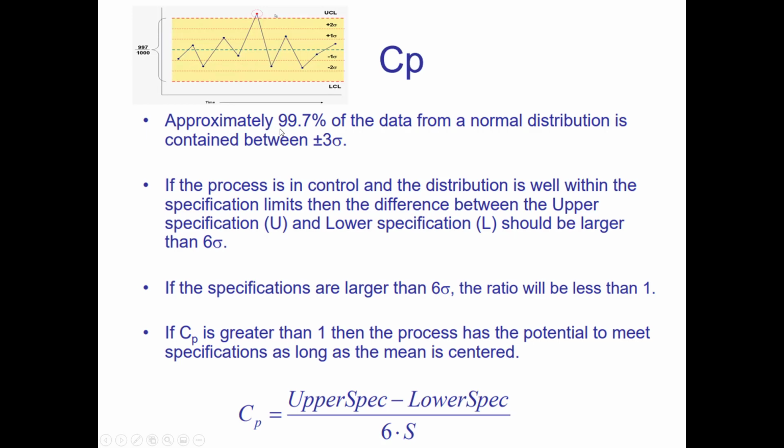Approximately 99.7% of the data from a normal distribution is contained within plus or minus 3 sigma. I have already discussed that when you sketch a normal distribution, it means that in 1000, let's suppose, 997 parts will be effective while 3 parts will be defective.